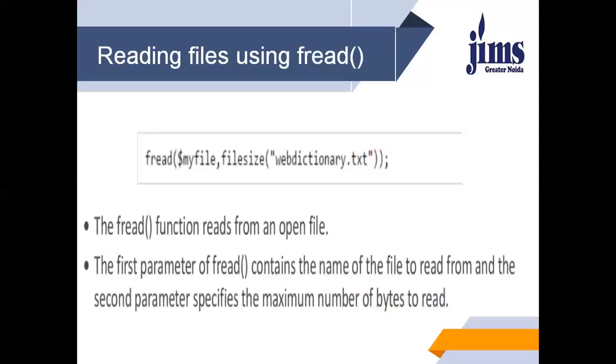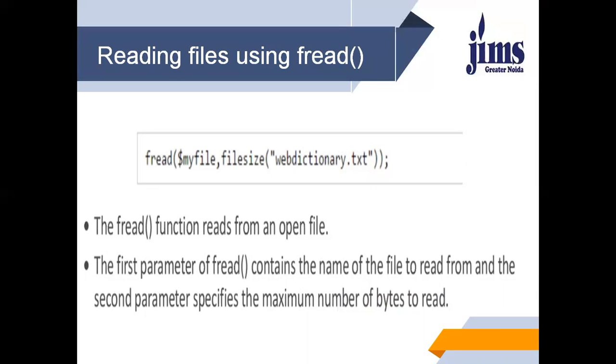Suppose you want to search a record from a file. For that also there is one more function, preg_match. This PHP function is used to search a string and return 1 or 0. If the search was successful, 1 will be returned, and if it was not found, 0 will be returned.